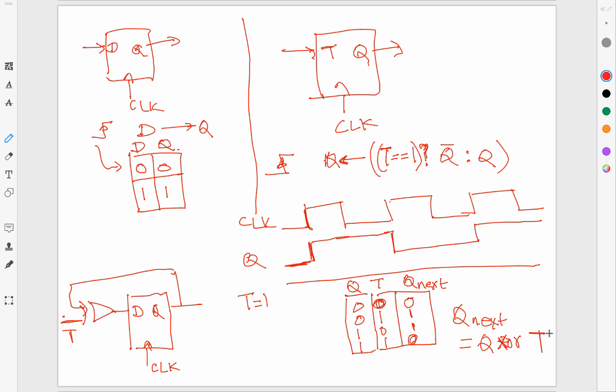If T is low, Q doesn't toggle. So I have an XOR gate in front of a D flip-flop, and that's my T flip-flop.